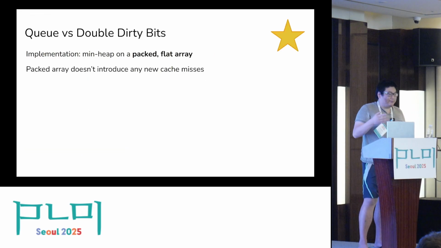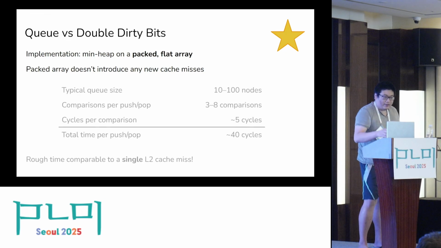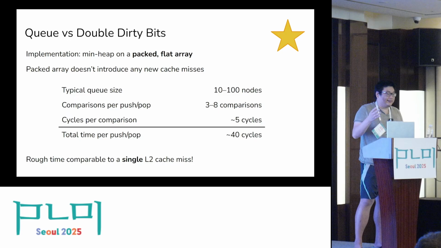Let's see how it is implemented and its performance characteristics. In our implementation, we are using a min heap on top of a flat array. Because we typically have less than 100 nodes, this means the whole priority queue is in cache. Then the bottleneck comes from the invocation of the comparison function. Now, the queue is 100 nodes, so that translates to 8 comparisons per push or pop.